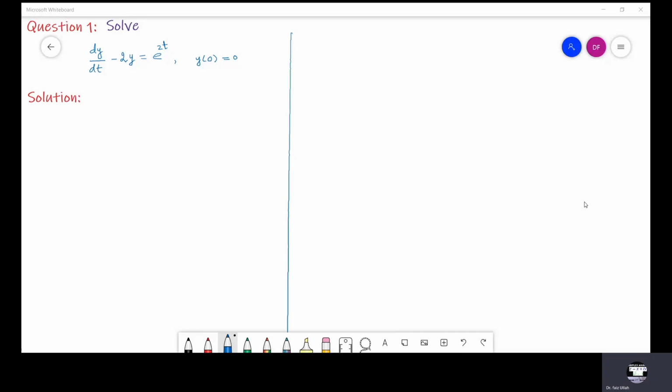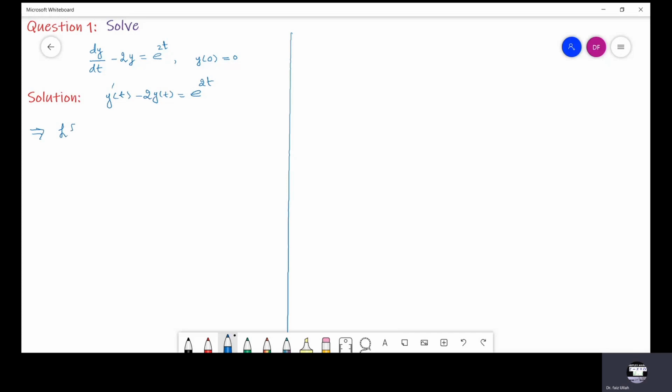Question number 1. We use the method of Laplace transform to solve this problem. So we can write this equation as y dash of t minus 2y of t is equal to e power 2t. And now let us take Laplace transform of both sides.